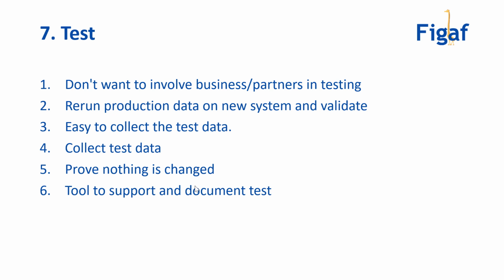In testing, in most cases, you just say, well, we have 3 purchase orders, one with one category for each item, because that's the way we normally test these things. So you want to collect a lot of the test data, figure out how this works, and with this you can actually prove that nothing has changed. And there are some tools to document and support that this process works.